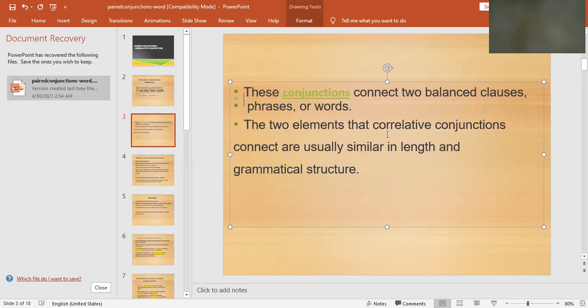The two elements that correlative conjunctions connect are usually similar in length and grammatical structure. This is what we mean by balanced. As I said, a verb with a verb, a noun with a noun, an adjective with an adjective, a phrase with a phrase, and so on.